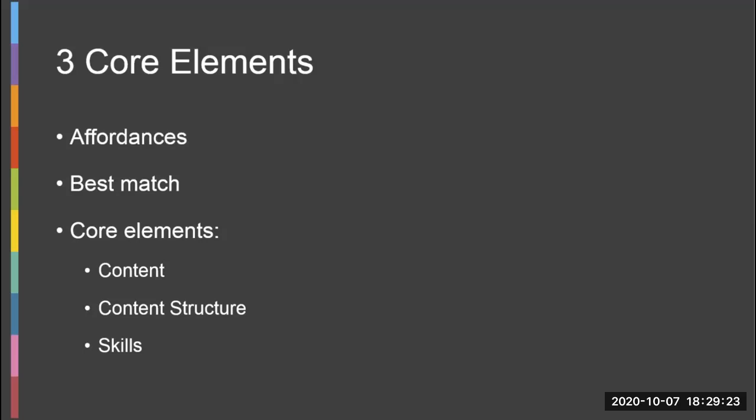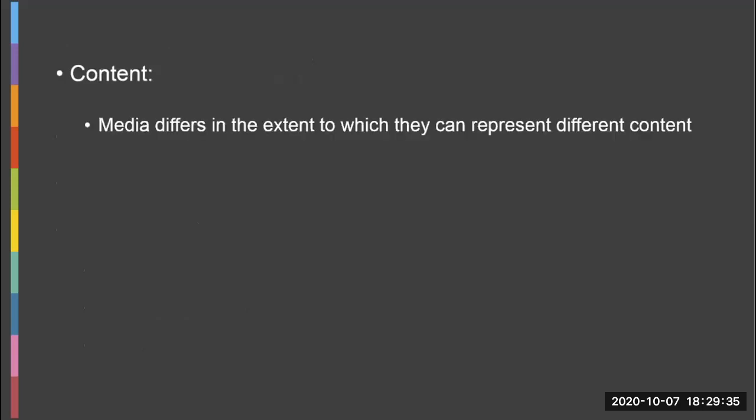So, the first core element that we see there is content. Content is a pretty straightforward thing. However, one of the areas that we cover when it comes to content as a core element is that media differ in the extent to which they can represent different content. For instance, if you are using a video, it differs from what you may achieve by instructing somebody to listen to a voice note.